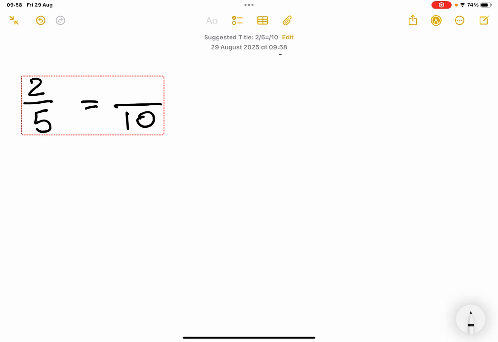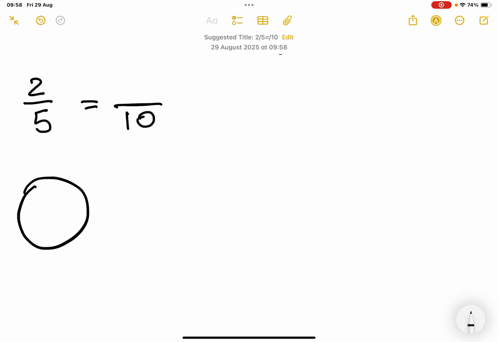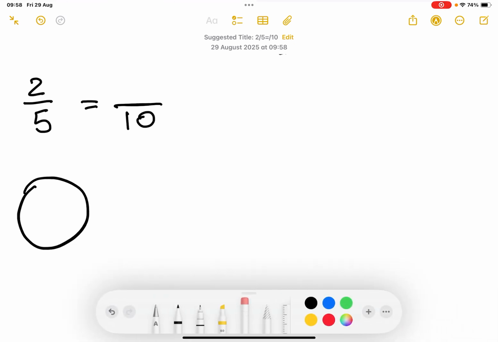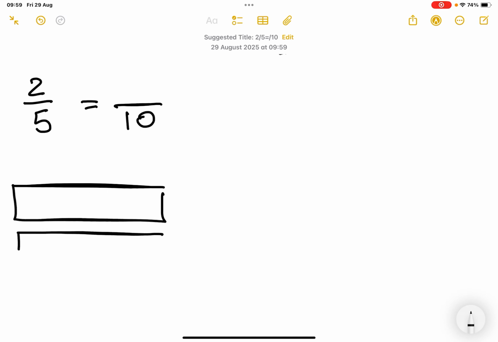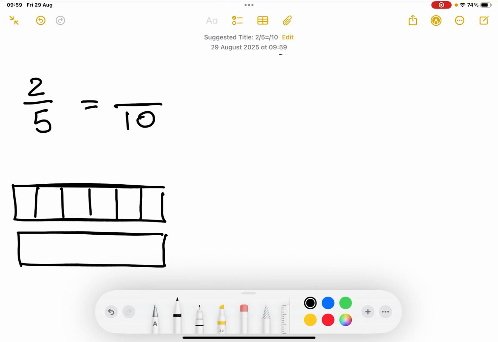Now, the reason why these would be equal is, you remember, think of our pizzas. That's going to be a little bit tricky. Let's rather do chocolate bars. Okay. So here's one chocolate bar, another chocolate bar. 1, 2, 3, 4, 5.